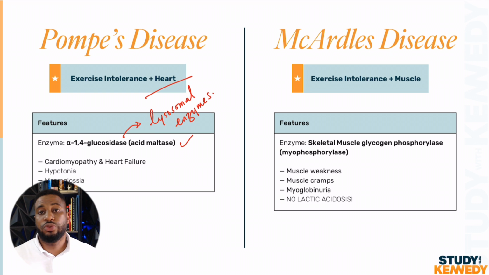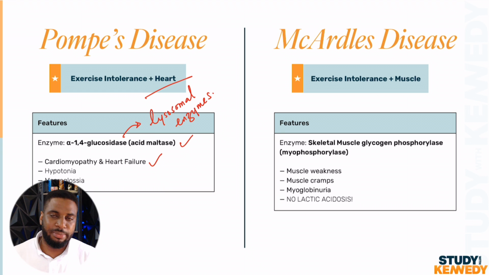So if I asked you which of the enzymes deficient in glycogen storage diseases is also a lysosomal enzyme, then the correct answer is going to be Pompe's disease. People with Pompe's disease will have cardiomyopathy and heart failure. That's all you're looking for. Signs of heart failure in a patient with glycogen storage disease equals Pompe's disease.